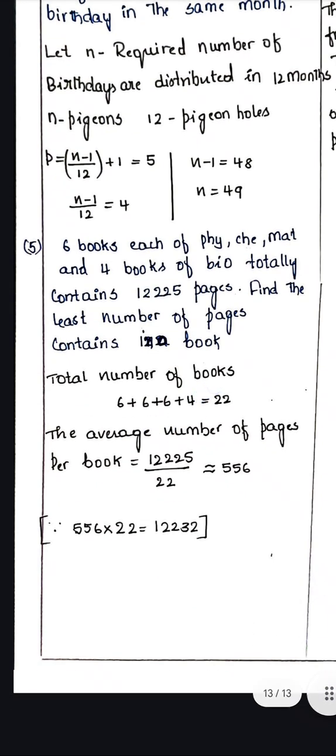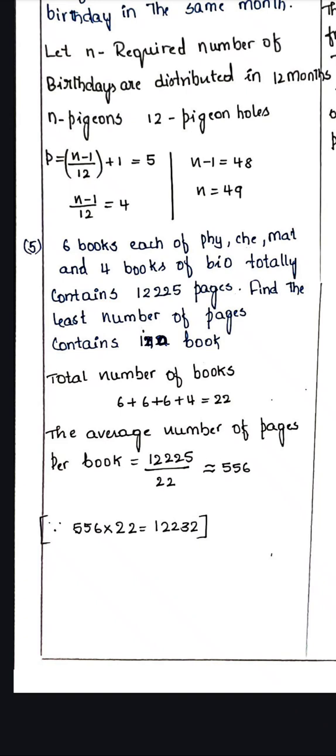Then 6 books each of physics, chemistry, math and 4 books of bio totally contain 1225 pages. Find the least number of pages containing the largest book. So total number of books, 6 plus 6 plus 6 plus 4 equals 22.